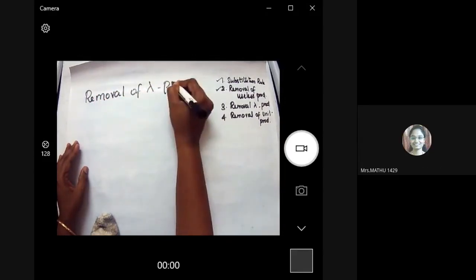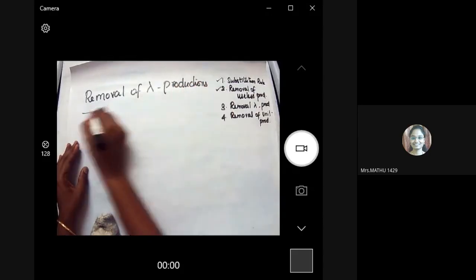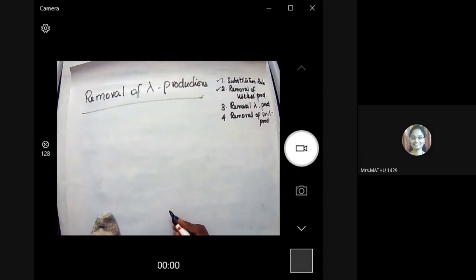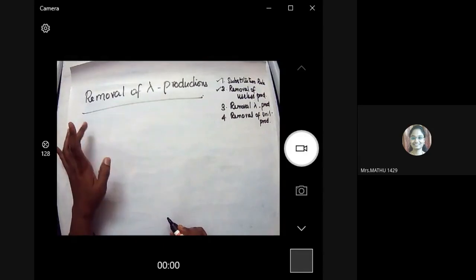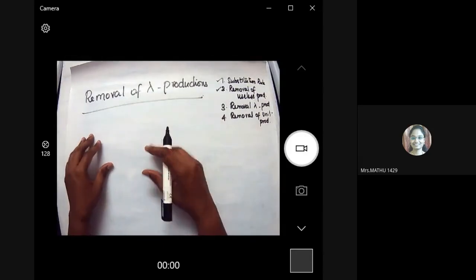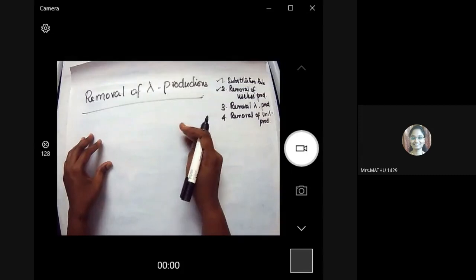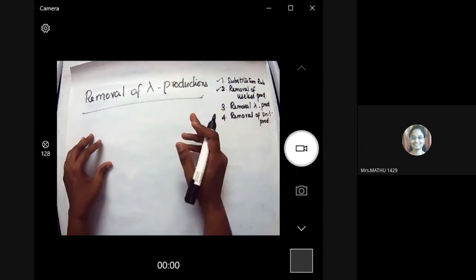Removal of lambda productions. So this is what we are going to discuss today. First you just write down this definition. What we are doing with this simplification is trying to remove certain undesirable productions. We have already removed some of the useless productions.